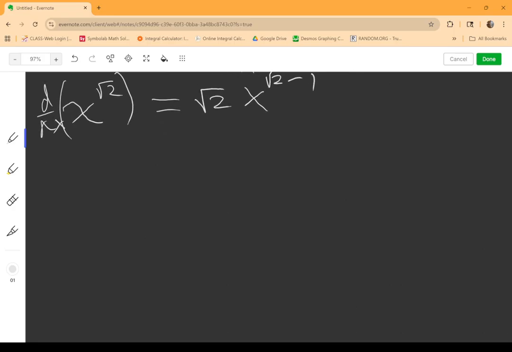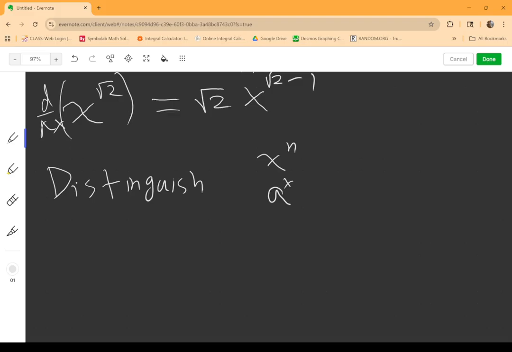Now, as we move forward, we want to be able to distinguish a common confusion between students, these two functions, and applying the correct formula for each one of these, right? X to the n versus a to the x.